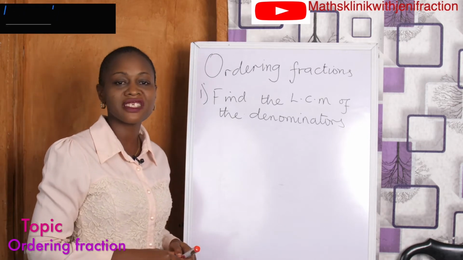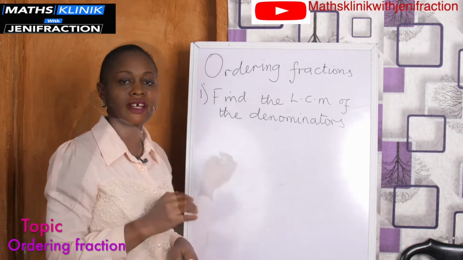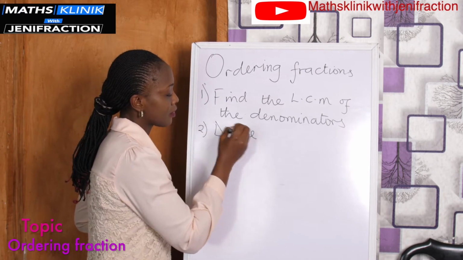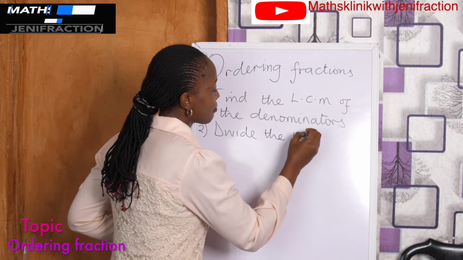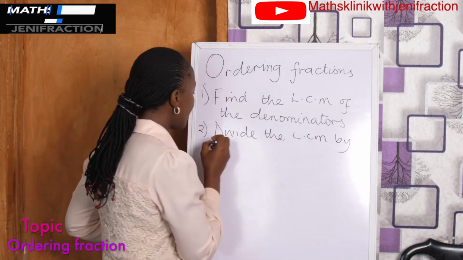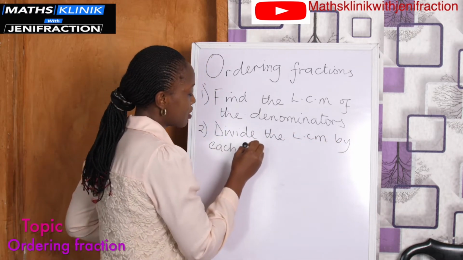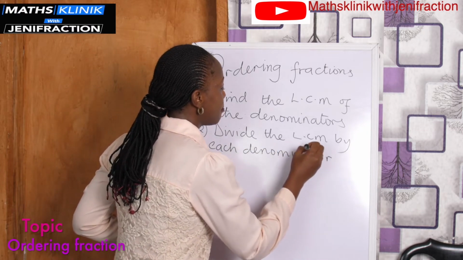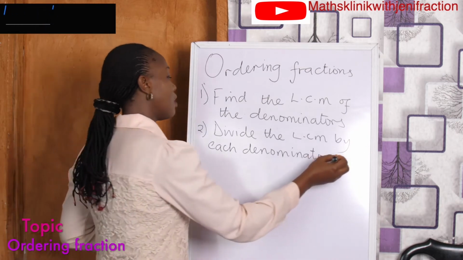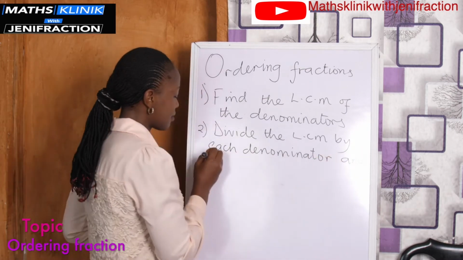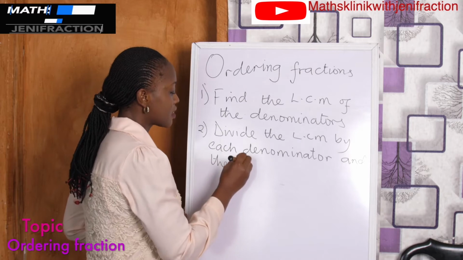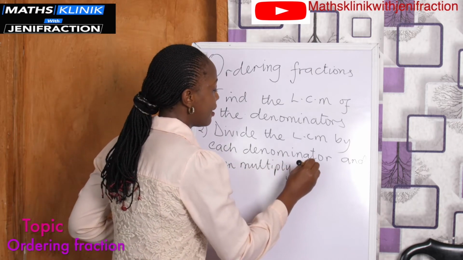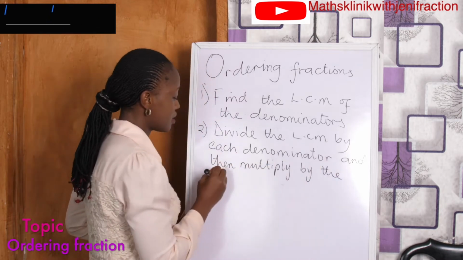Remember, the denominators are the numbers under. So step 2, you divide the LCM by each denominator and then multiply by the numerator.